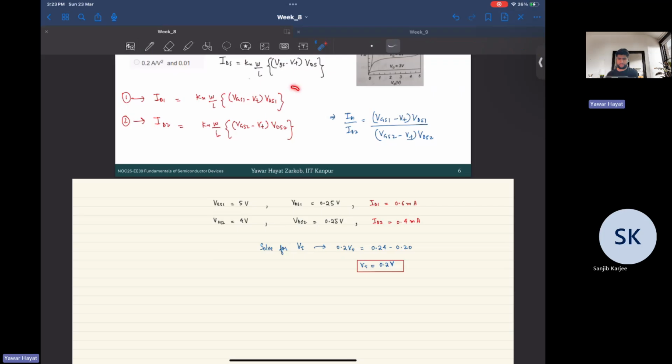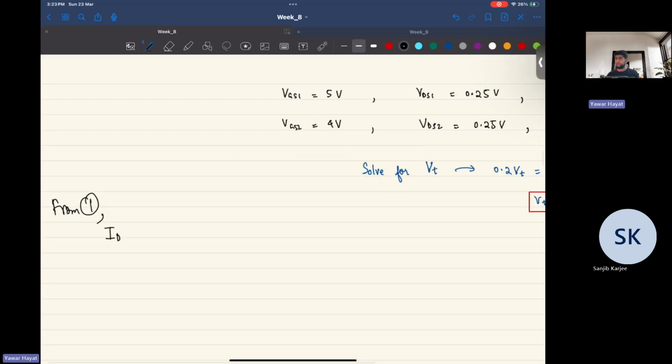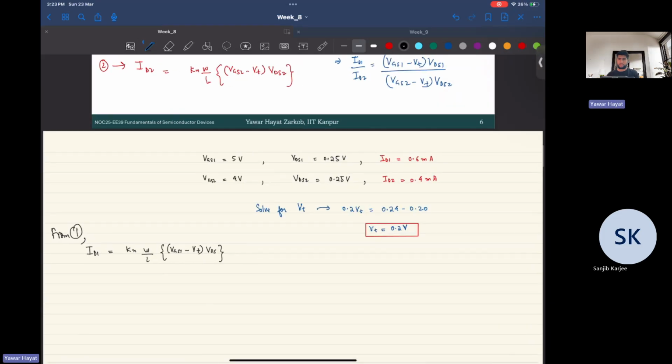Let's take this equation. From the first, your ID1 is Kn W by L times VGS1 minus VT times VDS, right? And what is your ID1?